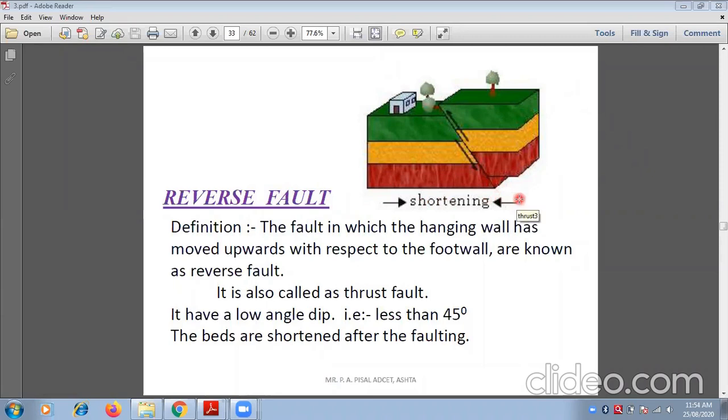Because of that displacement towards one single direction, the beds get shortened, meaning their length gets reduced. The length of these beds gets reduced after the faulting in the reverse fault. So these are the characters of the reverse fault, which are completely opposite to the normal fault.